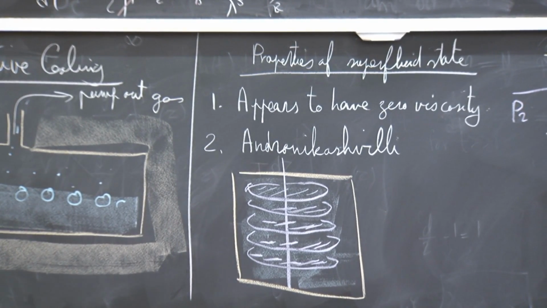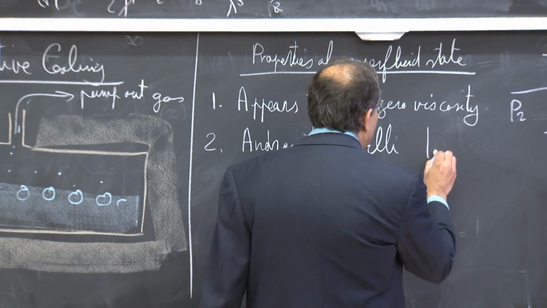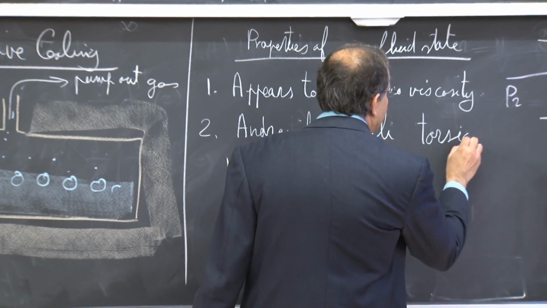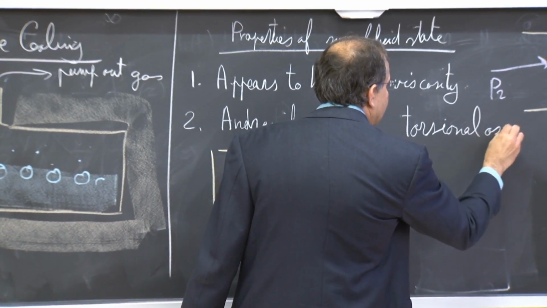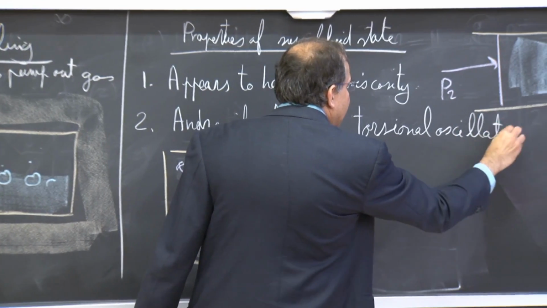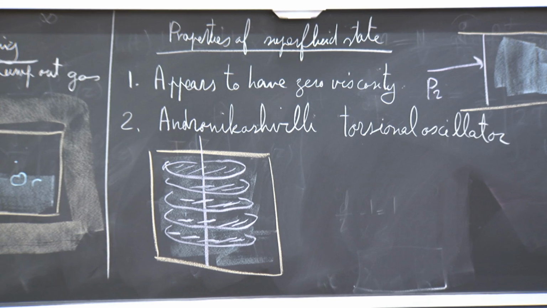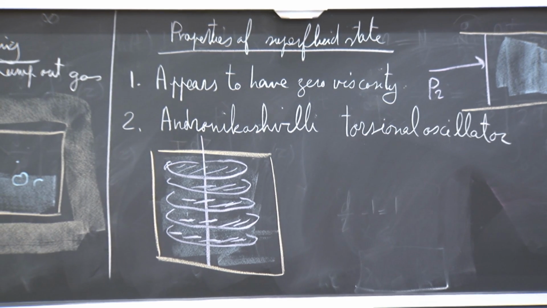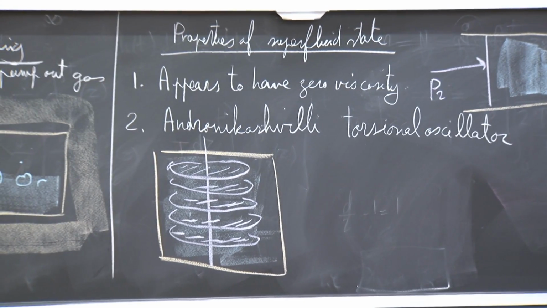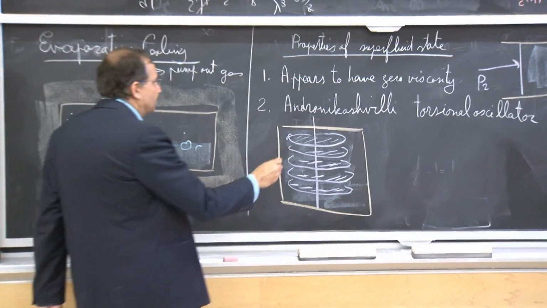And what you created here is a torsional oscillator, in the sense that this rod that holds all of these things together has a particular preferred orientation.